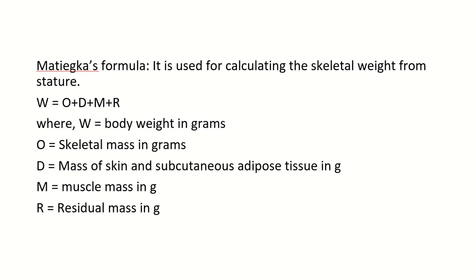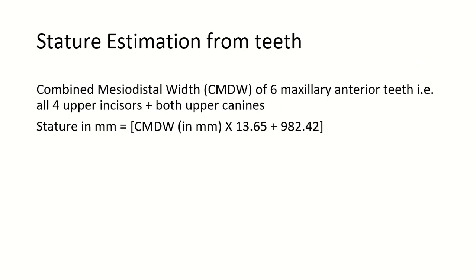It is given by the formula W equals O plus D plus M plus R, where W is the body weight in grams, O is the skeletal mass in grams, D is the mass of skin and subcutaneous tissue, M is the muscle mass, and R is the residual mass. Now, stature estimation from teeth.